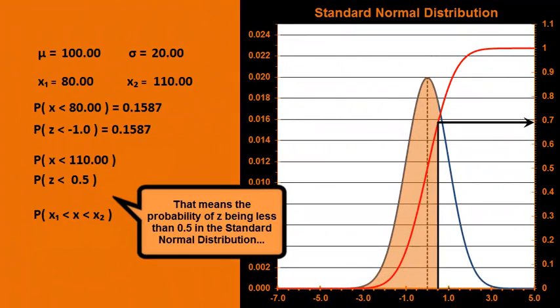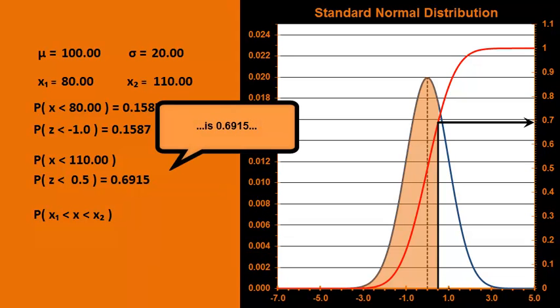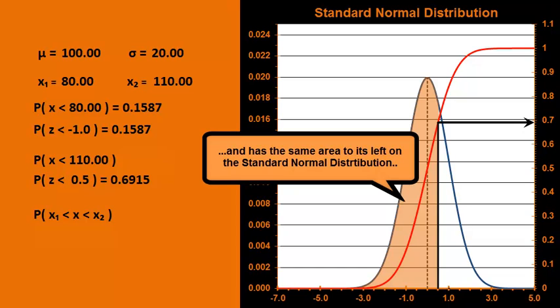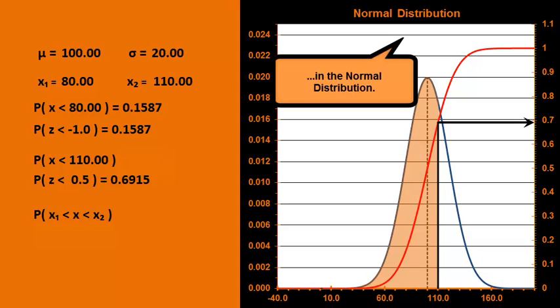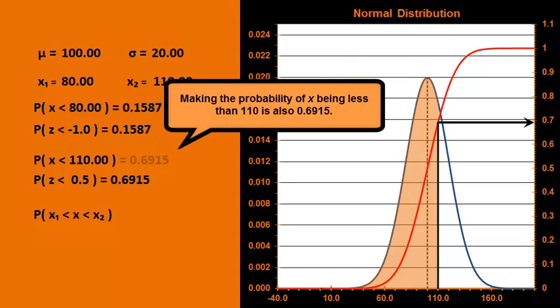That means the probability of z being less than 0.5 in the standard normal distribution is 0.6915 and has the same area to its left on the standard normal distribution as 110 has to its left in the normal distribution, making the probability of x being less than 110 also 0.6915.